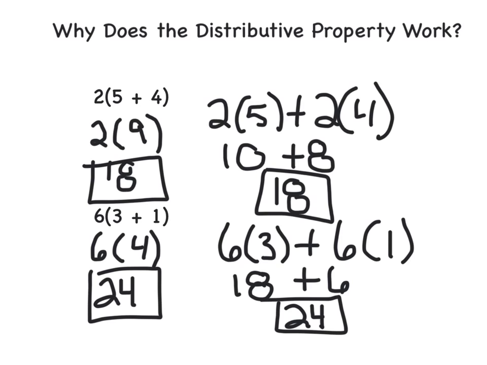Think of the word distributing as you are giving to each. So when I distribute this 2 on the first one, I distributed it to the 5 and to the 4 because both of those are in parentheses. And we'll talk more about this in the next few slides.